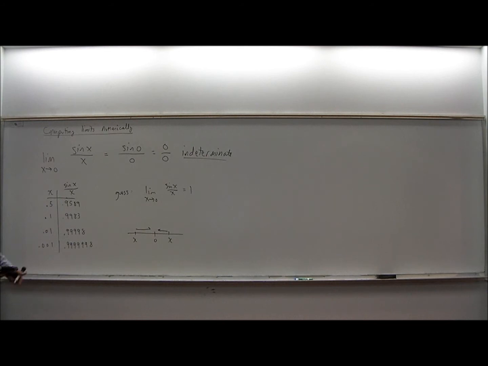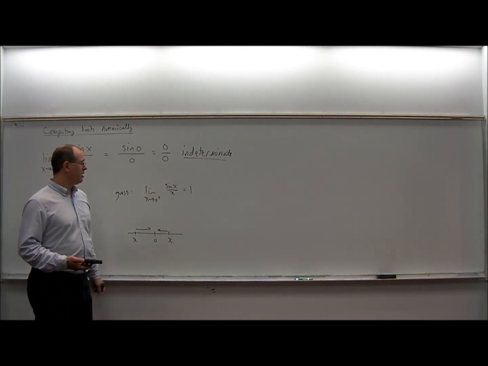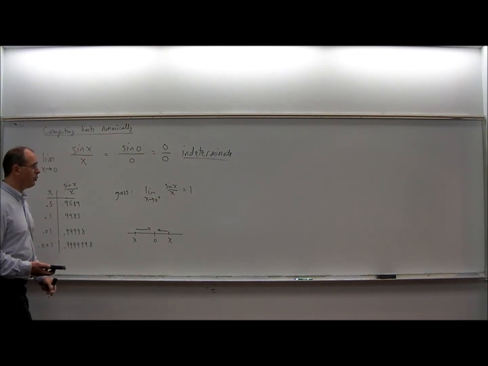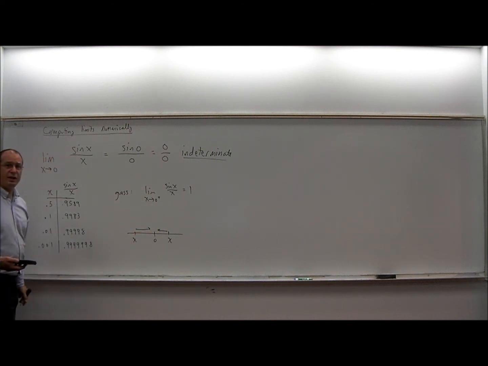So technically, the information that's here is only allowing us to guess that the right-hand limit is 1. So we should take a moment and investigate the left-hand limit by plugging in values of x near 0, but on the left of 0.